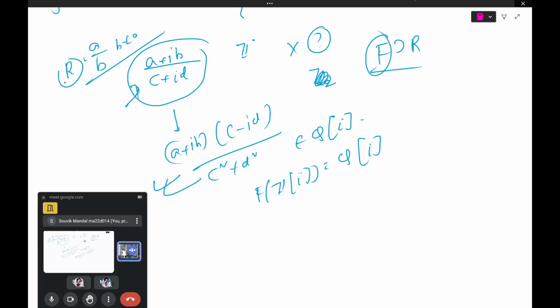Now this element belongs to Q third bracket I. So the field of fraction of Z third bracket I is equal to Q third bracket I. That's all it is, nothing more than that. Understand? Yes.